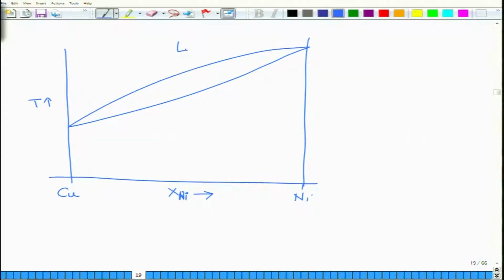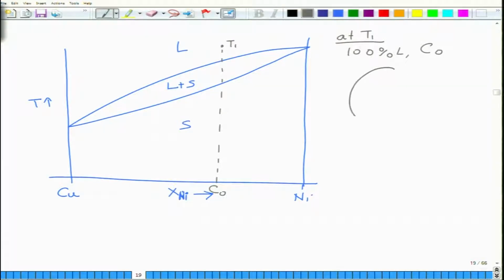We know this is liquid, this is solid, and in between we have liquid plus solid. So let us say we have an alloy of composition C0. So what happens at this point? Let's say we start from temperature T1. At T1 we have 100% liquid of composition C0.